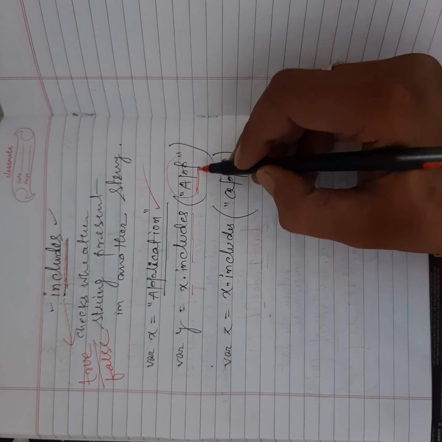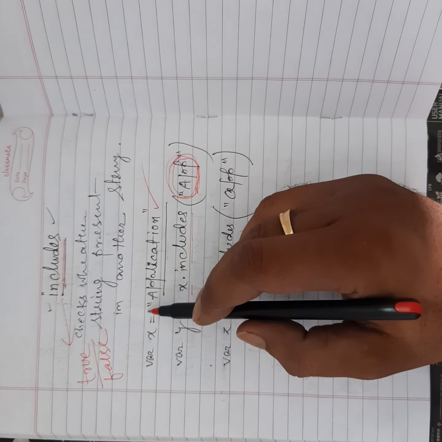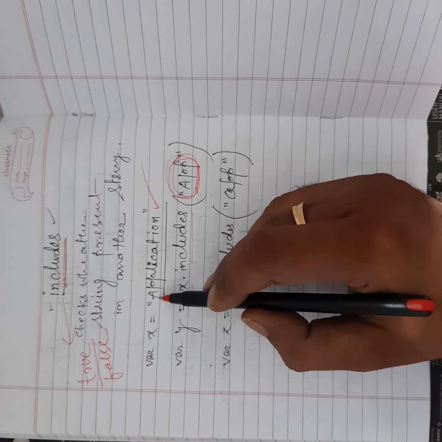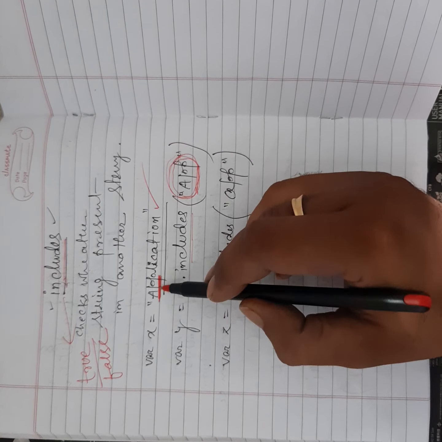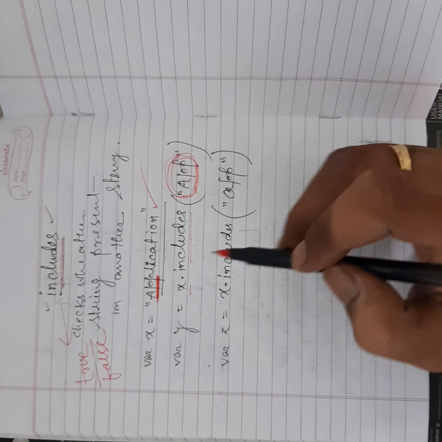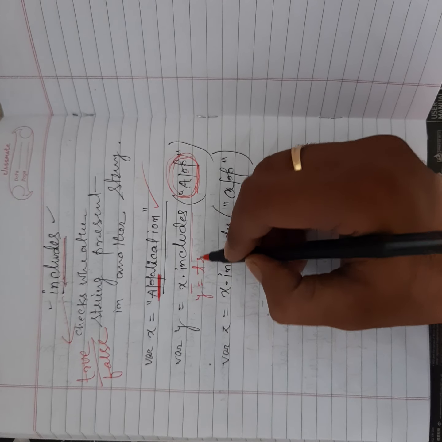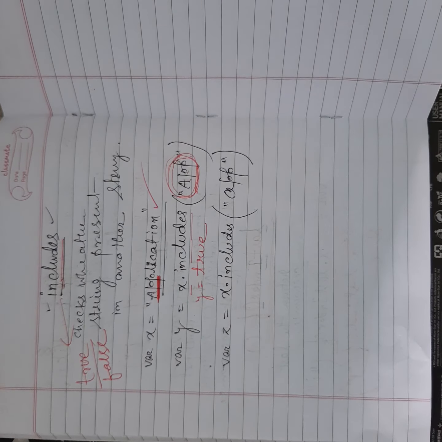So is this word App a part of this string or not? We can see this App is present as it is, A is capital, p small. So the value of y will simply be true, because the word is present inside the other string.